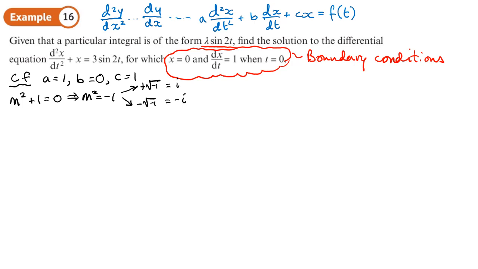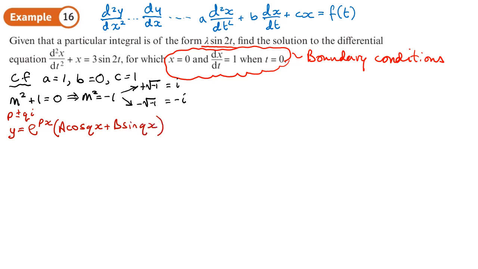Just as a reminder, when we have complex roots of the form p plus or minus qi, then we get a complementary function, or a general solution, of y equals e to the px times a cos qx plus b sine qx.